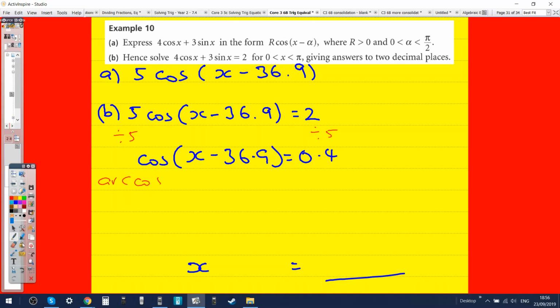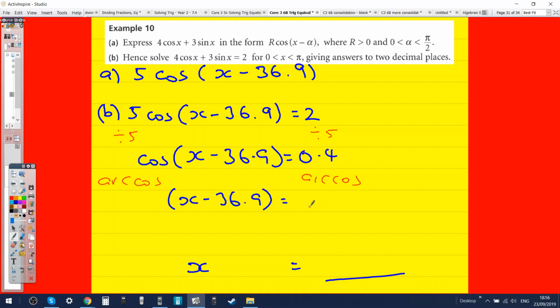Okay, I haven't encountered this before. Yes, you have. You may not know it. Okay. So that gets rid of cos. So is it just x minus 36.9 equals arc cos 2 over 5?